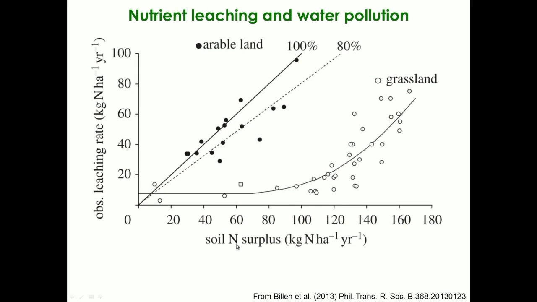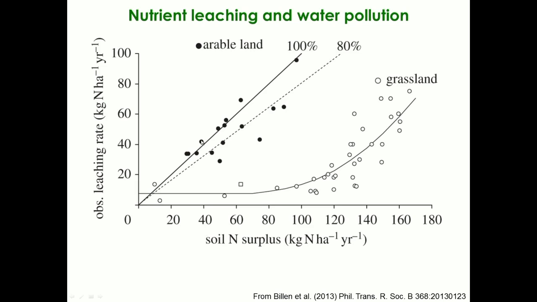So as I said, only a proportion of this nitrogen is being taken up and used by the plants, by the crops, and then there's a lot of nitrogen that's left over, that's surplus. And in a typical arable environment, almost all of that surplus nitrogen is being lost, is being leached away. So only at fairly small surpluses, you're starting to get quite significant concentrations of leaching.